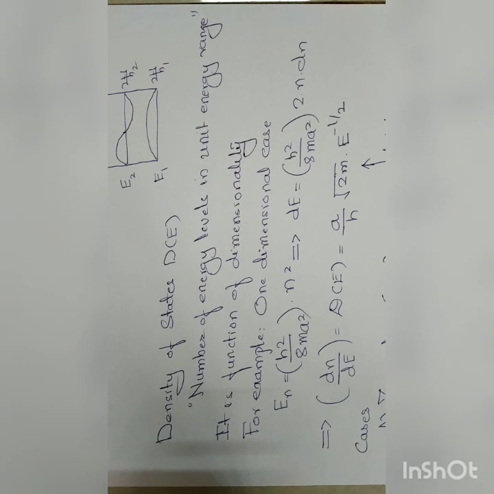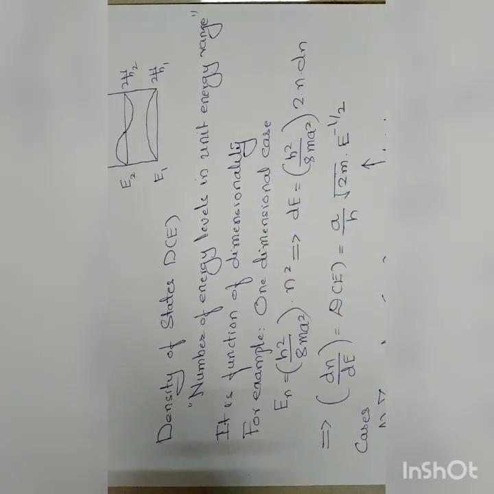Hence, we can have zero-dimensional, one-dimensional, two-dimensional and three-dimensional materials. Therefore, the density of states is significantly affected depending upon the dimension of the material. So that's why it is written here, it is a function of dimensionality.